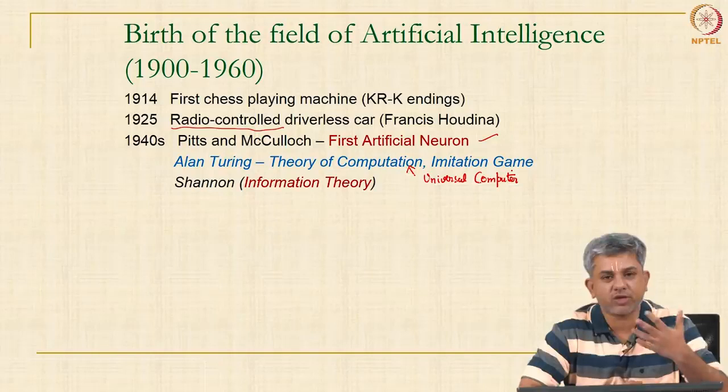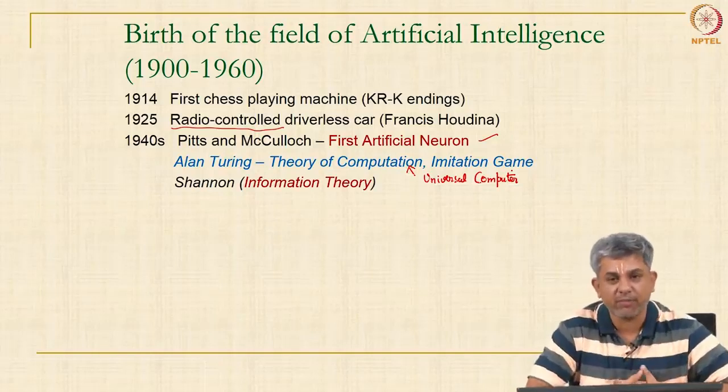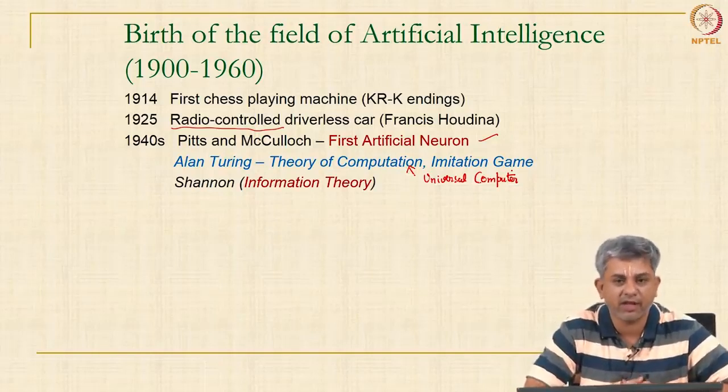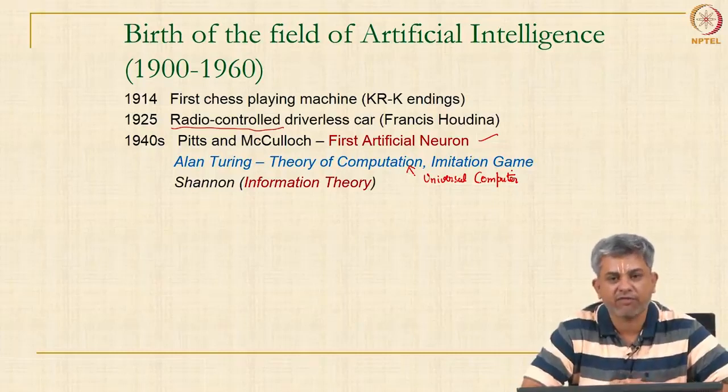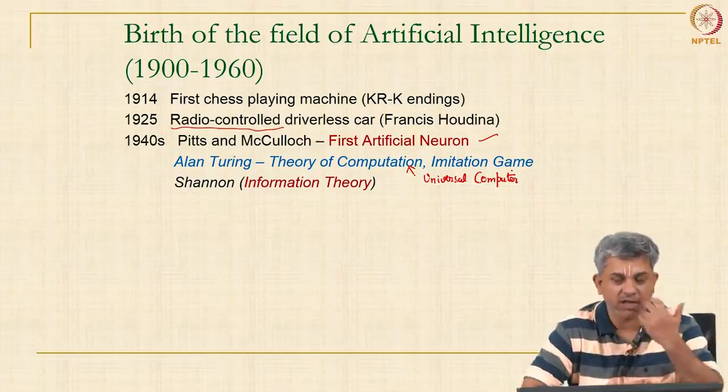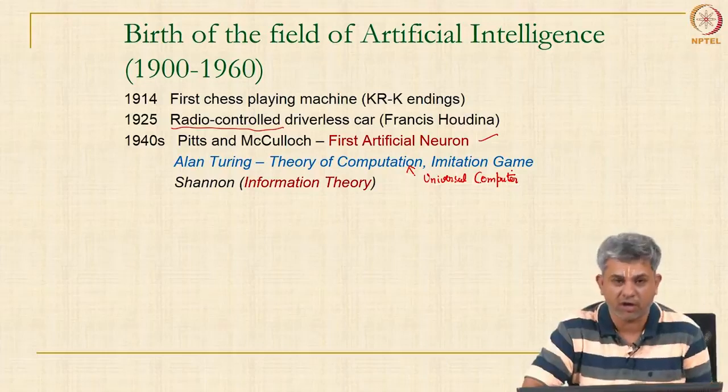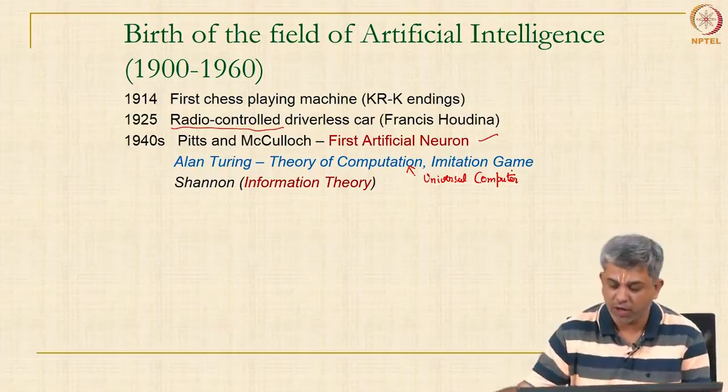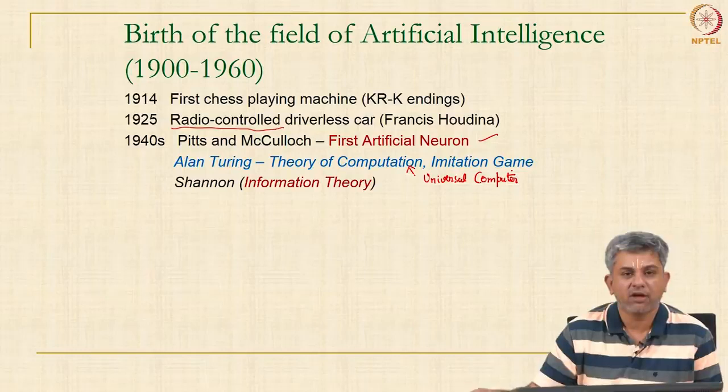This seems obvious to us, we have sort of grown used to it, but it was not obvious right in the beginning that every single computation can actually be done. You can think of ticket booking as a computation, you can think of playing a video as also a computation. That all of that can be done on a single universal computer was not obvious at all. So Alan Turing was the person who actually pioneered this idea.